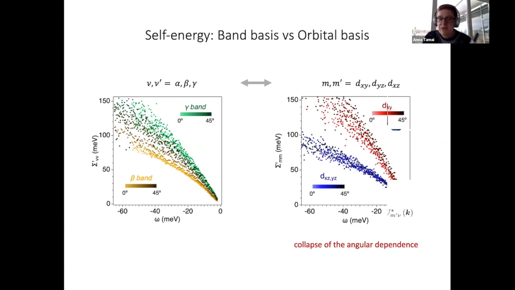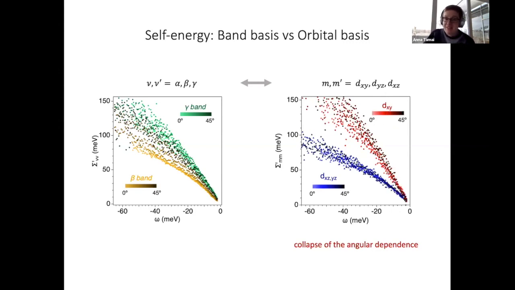If you do this transformation, you look at the same data set in the orbital basis, you see that this separates into 2 distinct self-energies for the dxy and the dxz/yz orbitals. So this large angular dependence basically disappears if you look at the problem in the orbital basis. And this is a consequence of what I told you before. There is a strong spin-orbit coupling, which produces a very strong orbital mixing along the Fermi surface.